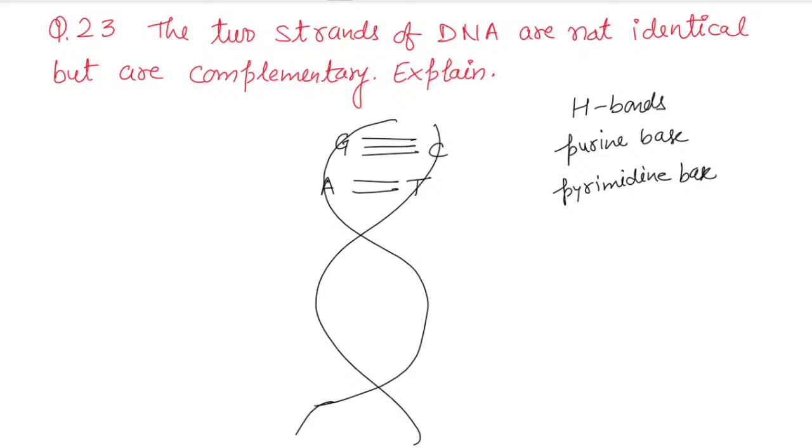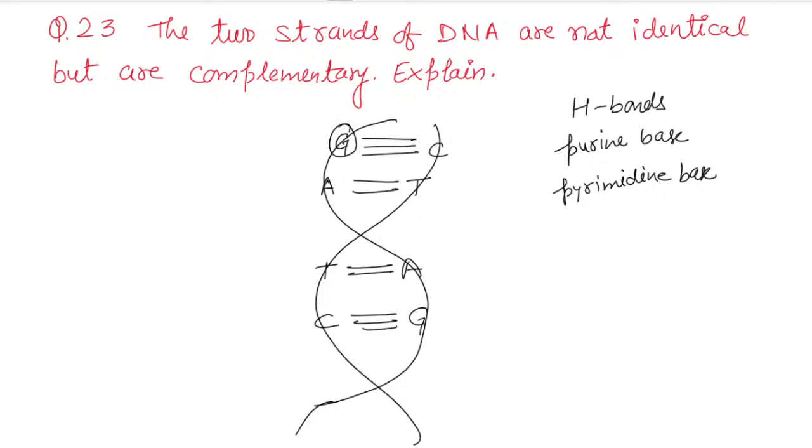If there is T on one side, there should be A on the other. If there is C, there should be G. Due to this base pairing principle, the sequence of bases in one strand automatically fixes the sequence in the other strand.